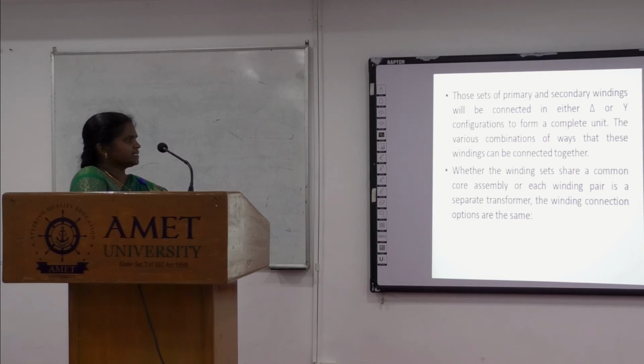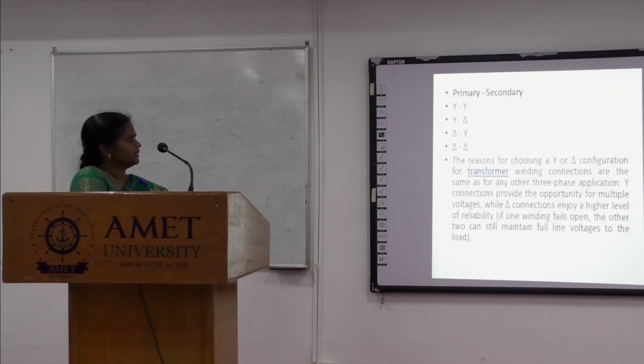The various combinations of ways that these windings can be connected together: whether the winding sets share a common core assembly or each winding pair is a separate transformer, the winding connection options are the same. Here the primary and secondary connections may be star-star, star-delta, delta-star or delta-delta connection. Usually in star connection, the phase voltage will be the line voltage VL by root 3, so phase voltage and line voltage will be different.